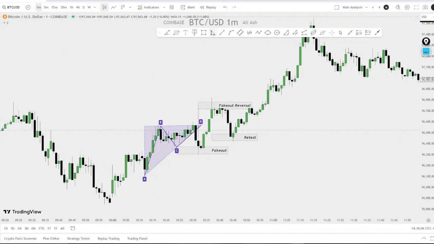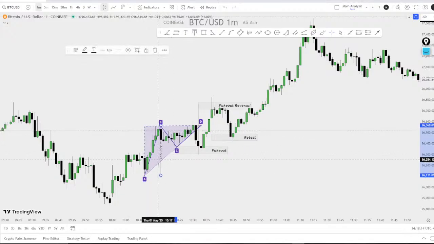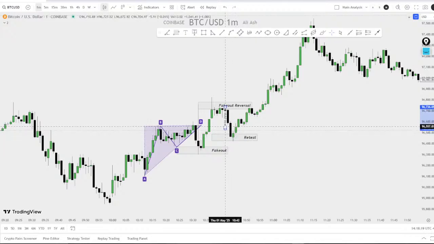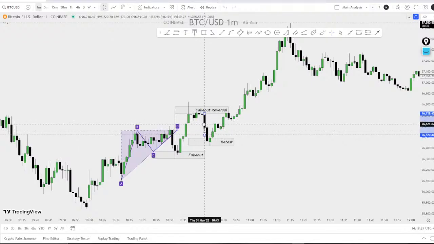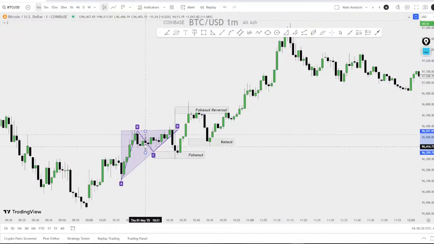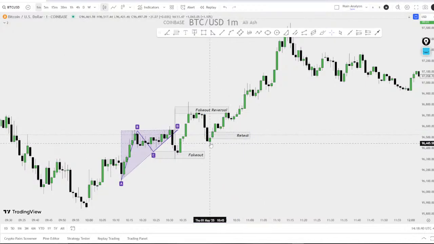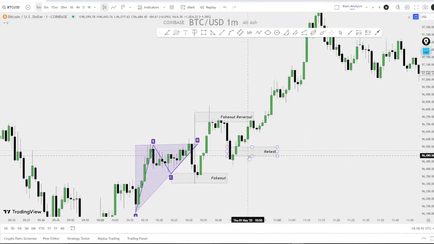And then finally we have the complete structure. Then we have the retest. So we will be retesting from B to C. So here we have a retest, and this is the volume burst.